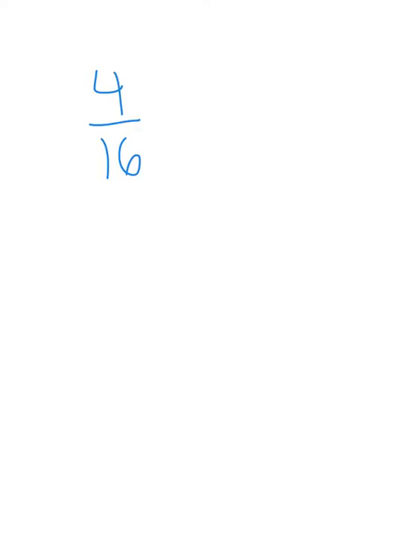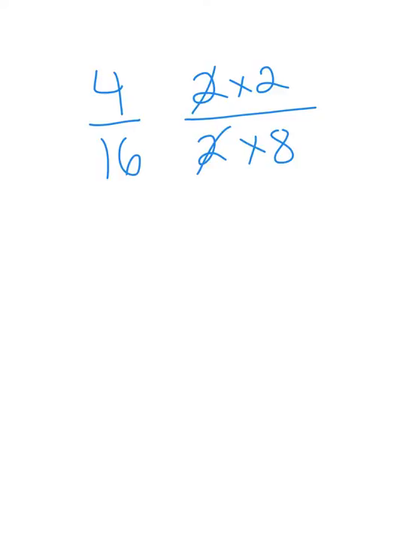Here's a second example. Make sure you're writing this down. I'm going to look at my factors again for each of these numbers, and I know that 4 is equal to 2 times 2. And I know that 16 is equal to 2 times 8. So I can cancel that out, and I get 2/8.